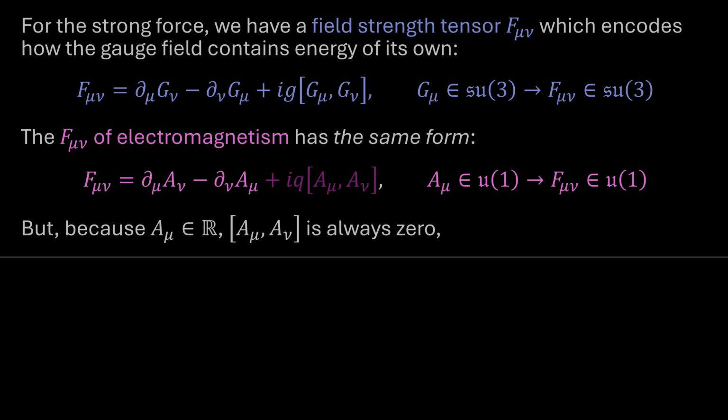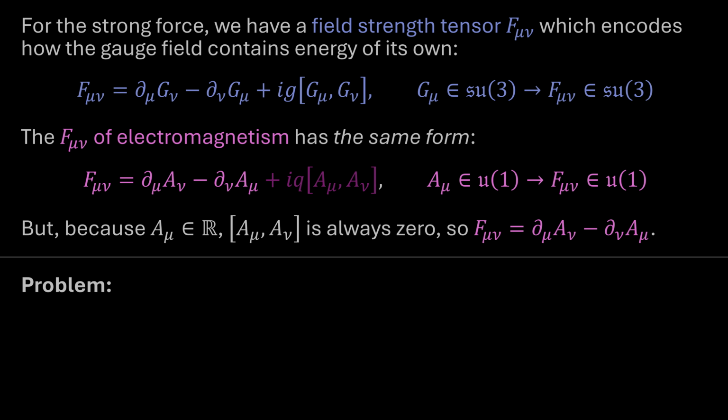And so just as a square is a rectangle with no extension, the field strength tensor of electromagnetism is of the same form as for the strong force, but the commutator simply goes away. And that's ultimately because U1 is an abelian group. And so in practice, when we write the field strength tensor for electromagnetism, we simply write F mu nu equals partial mu A nu minus partial nu A mu.